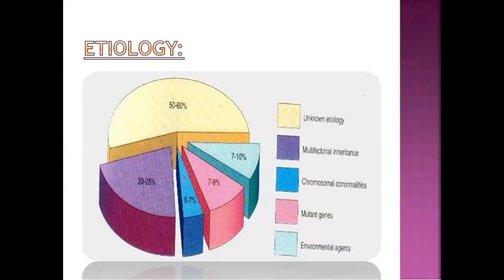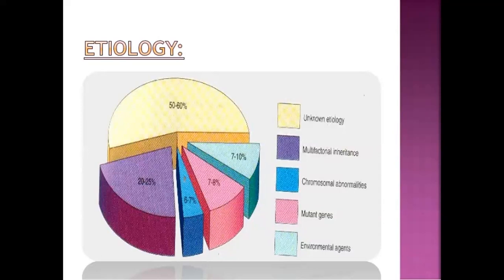Chromosomal abnormalities, mutations, and environmental factors account for almost the same percentage, a little less than 10% each. So the common etiology is unknown. When we're talking about congenital malformation, more than 50 to 60% of these cases have unknown etiology.